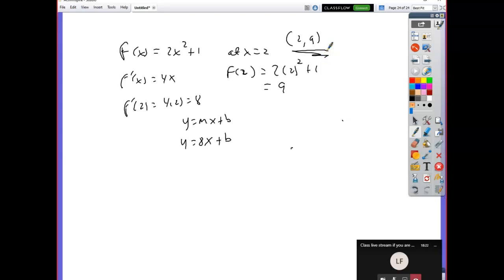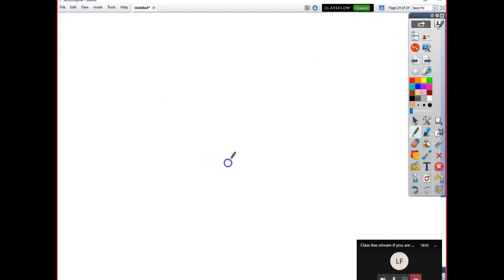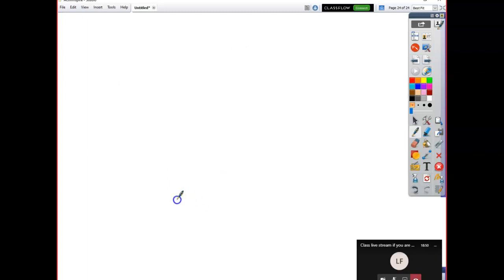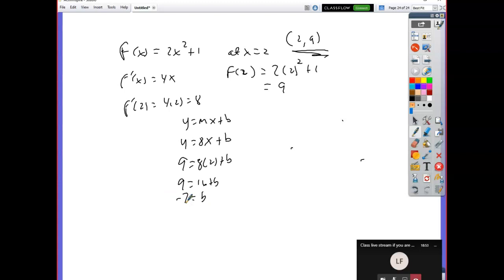That point (2, 9) has to be on my line, right? So if I plug in 2 for x and 9 for y, I can solve for what b is. That make sense? Good. So 9 equals 8 times 2 plus b. And therefore, 9 equals 16 plus b, or b equals -7. So y equals 8x minus 7 would be a line tangent.